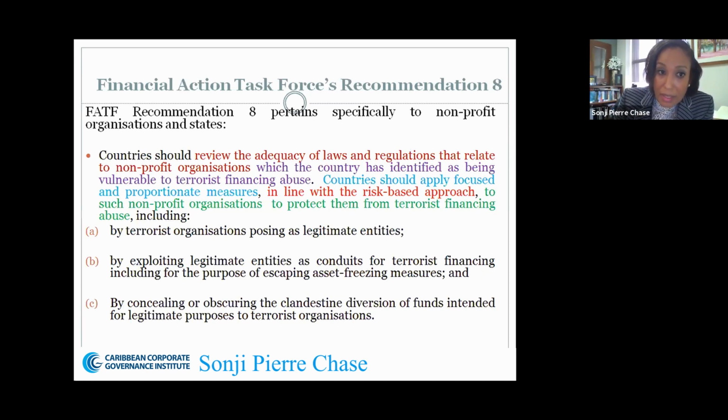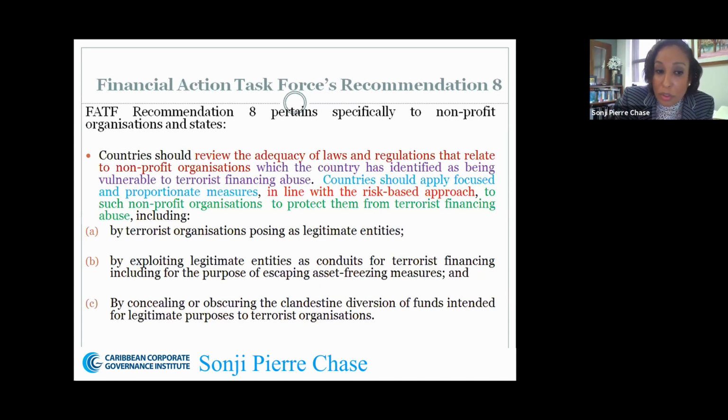And it states that countries should review the adequacy of their laws and regulations as it relates to non-profit organizations, which the country has identified as being vulnerable to terrorist financing abuse, and the country should apply focused and proportionate measures in line with a risk-based approach to such non-profit organizations to protect them from terrorist financing.